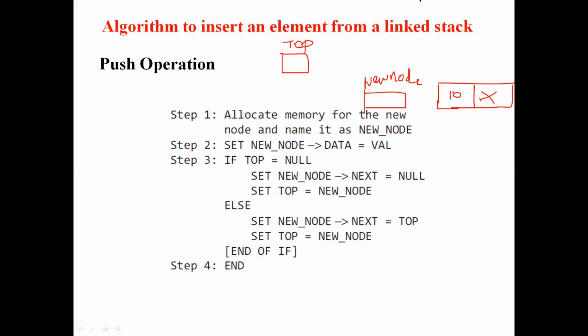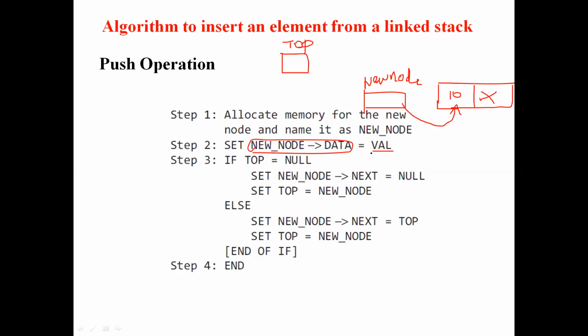See, when the new node is created, new node data is assigned the value, which is 10. Then you also have to make new node next null.